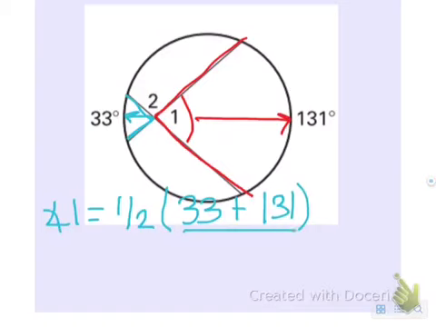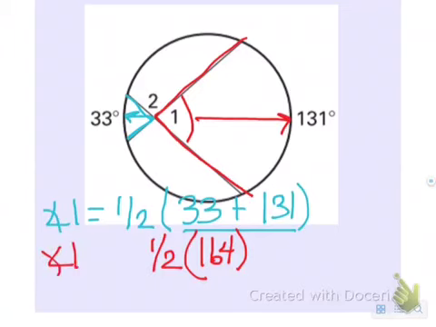So 33 plus 131 is going to give me 164. That stays inside the parentheses. So I need to take half of 164 to determine the measure of angle 1. And half of 164 is going to give me 82.